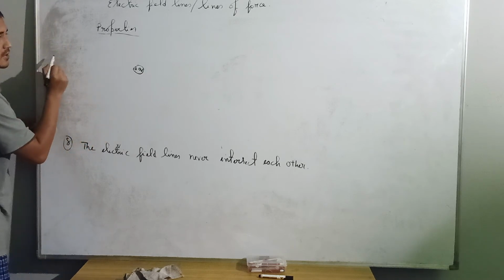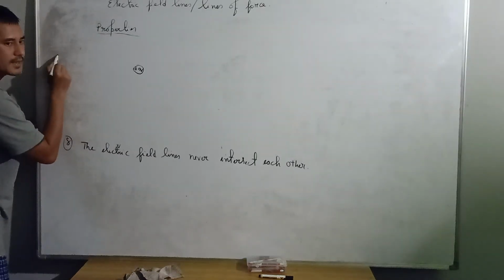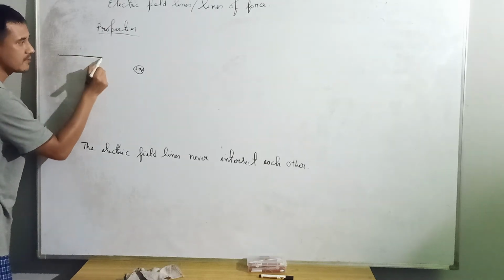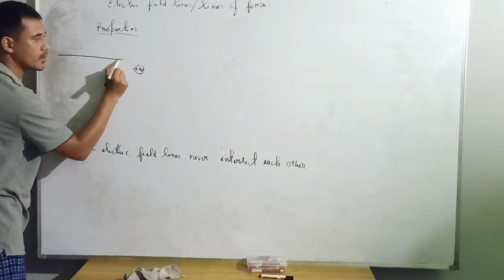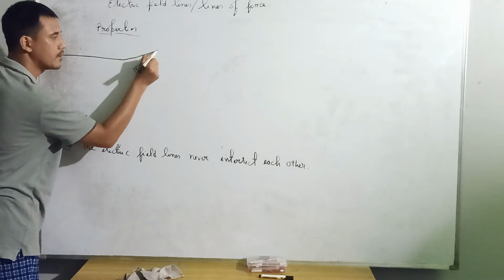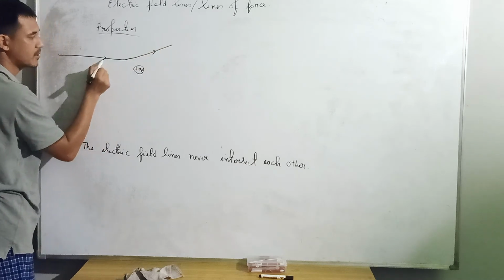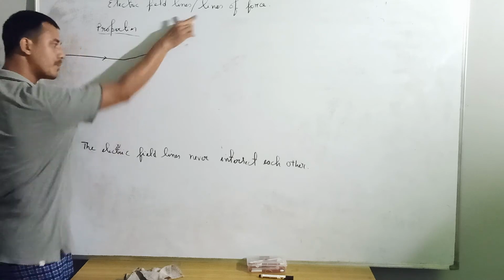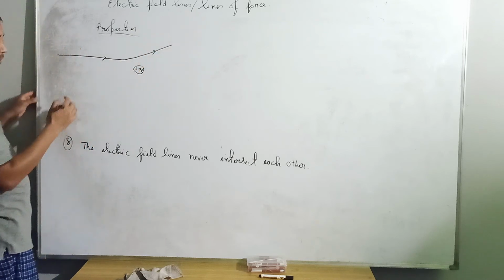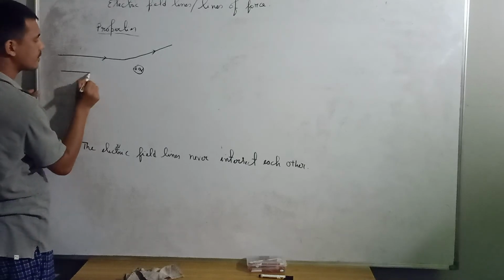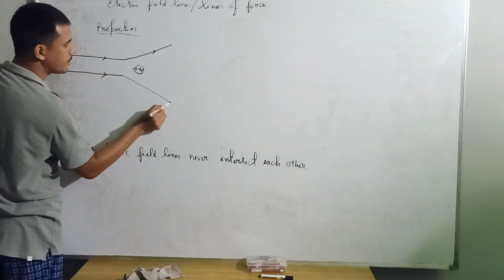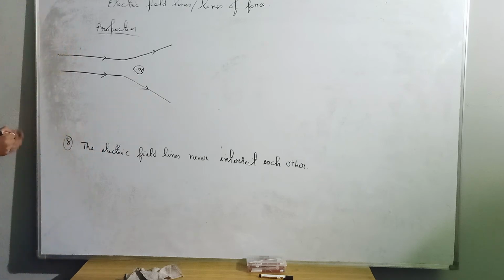Suppose there is a field line coming towards the positive charge, right? Then what will happen? It will be repelled by this positive charge. It was going along this direction, but it now gets repelled. One more electric field line coming in this direction will also be repelled by this positive charge.